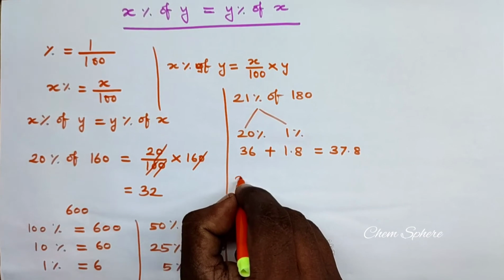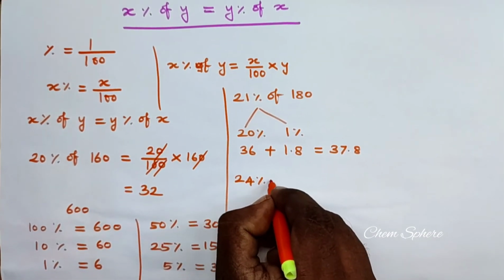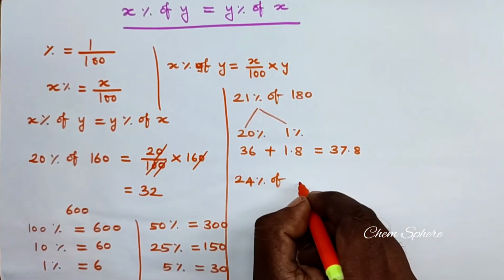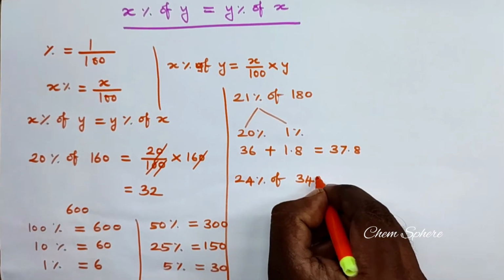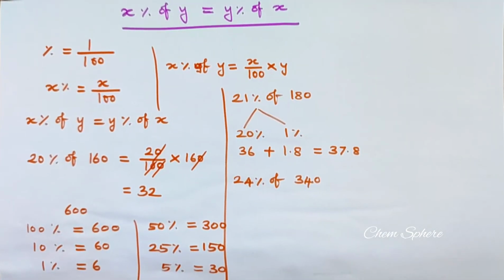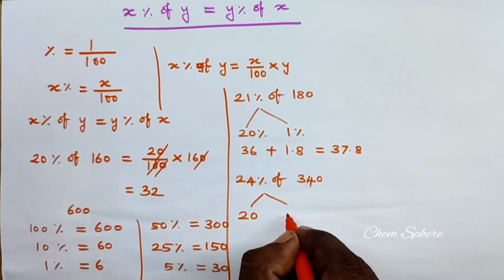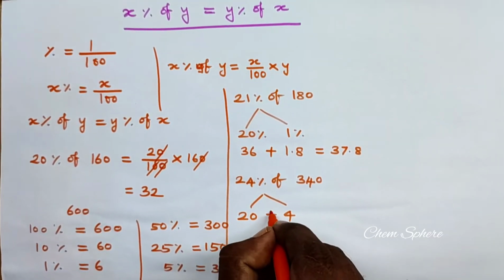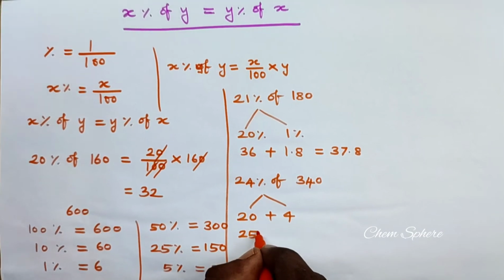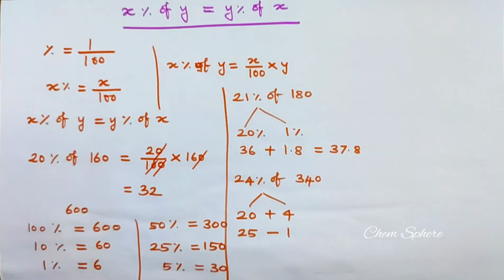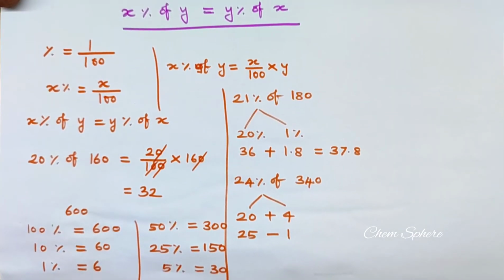Okay, another example, 24 percentage of 340. How to calculate? There are two ways. Either you can do 20 percentage plus 4 percentage, or 25 percentage minus 1 percentage. Which one will be easy?